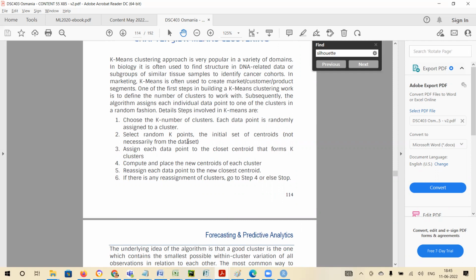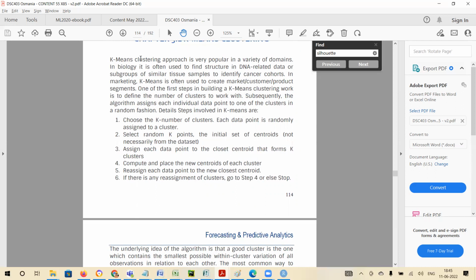Yes or no, guys? Yes, sir. It is on the first page of the clustering chapter. Okay, you explain these 6 points. So if you write this whole paragraph, that is good enough.